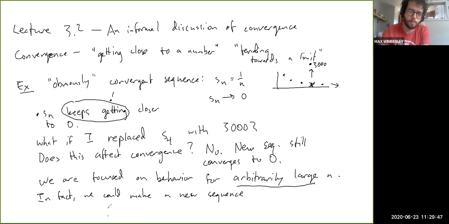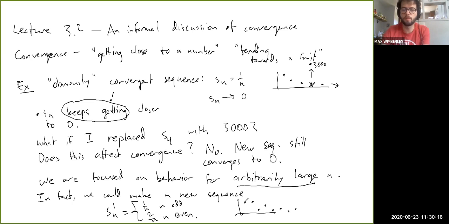Let's call it Sn prime, which equals 1 over n if n is odd, and 2 over n if n is even, right? And if you were to plot that, what you'd get would be something like this, and then this, and then this.